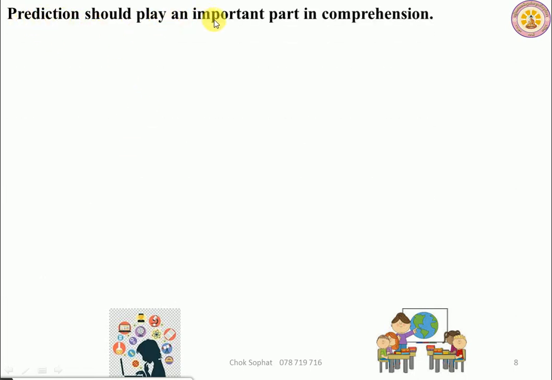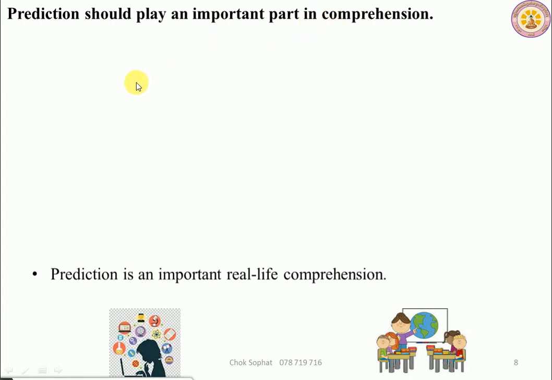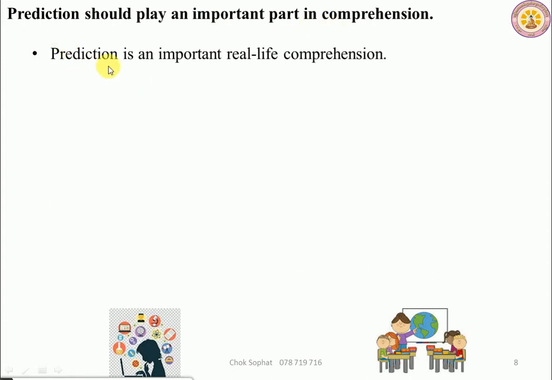Prediction should play an important part in comprehension. Prediction is important in real-life comprehension.